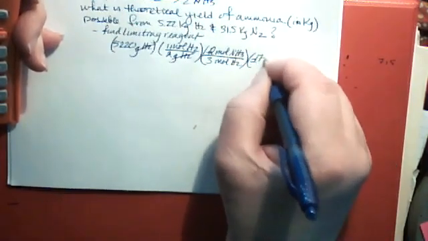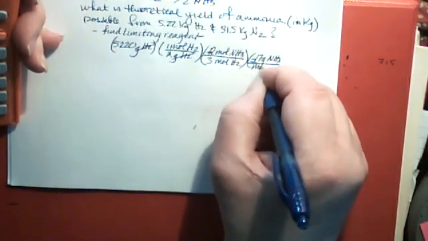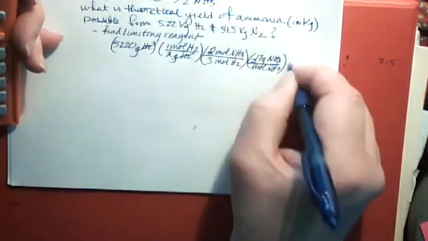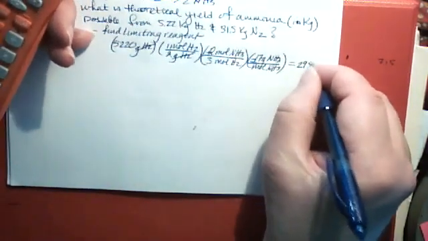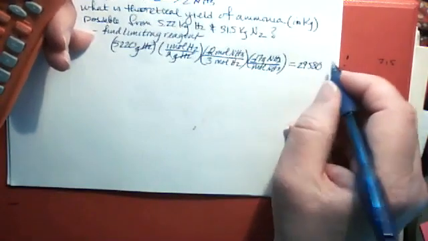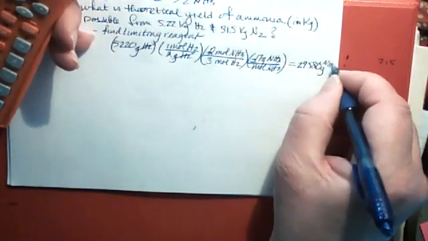And there are 17 grams of ammonia for every mole of ammonia. And so 5220 divided by 2 times 2 divided by 3 times 17 gives us 29,580 grams of NH3.